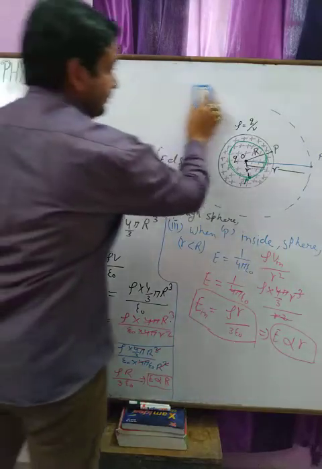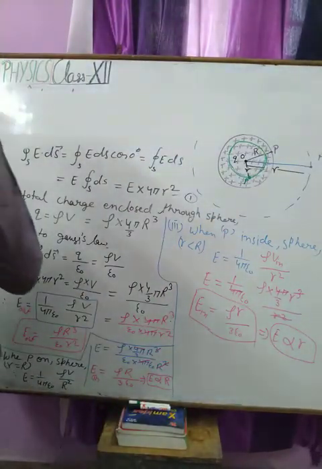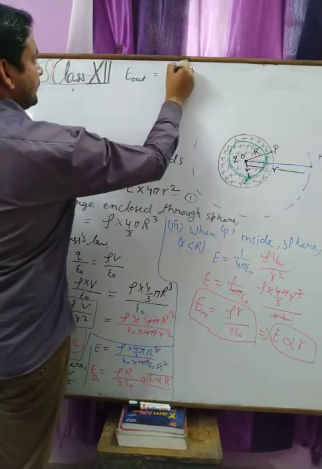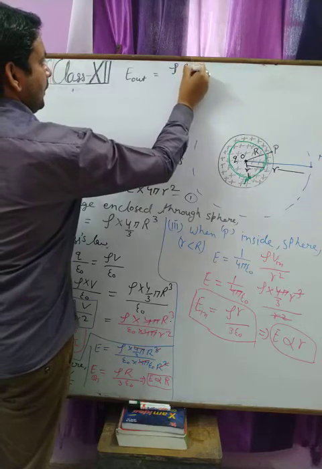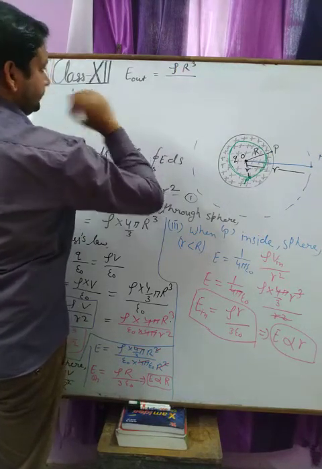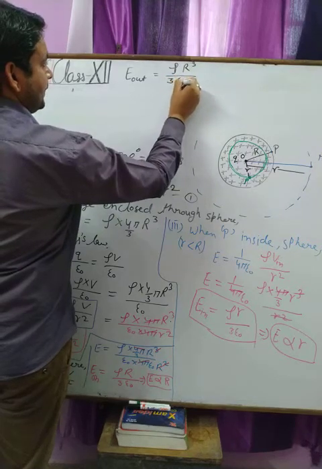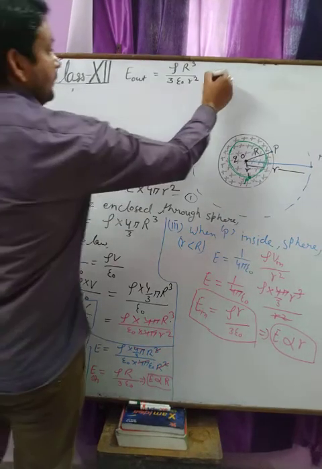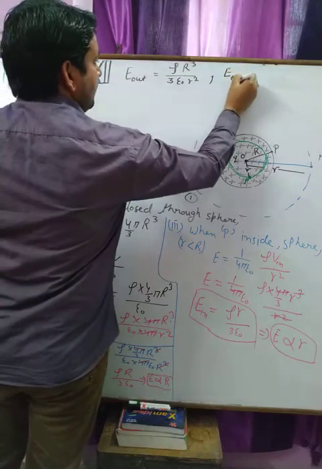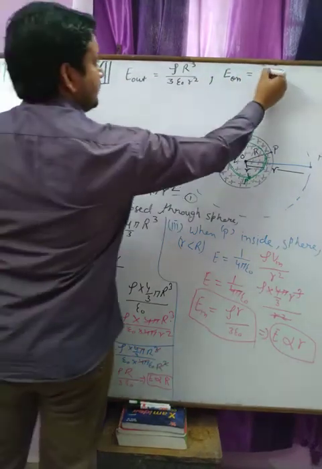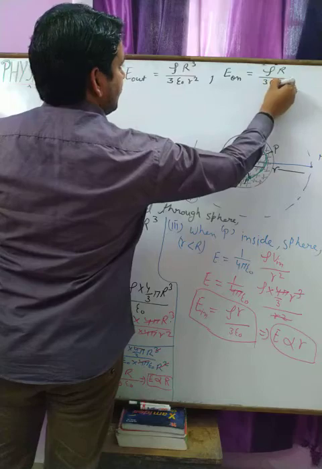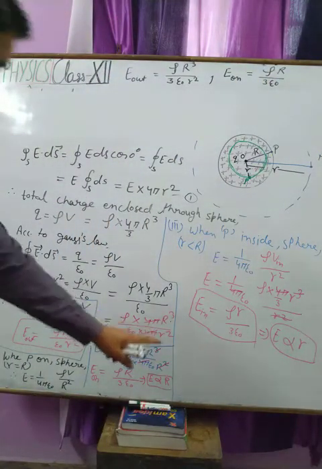Again we have three electric fields, that is E outside, which we get rho R cube upon 3 epsilon naught r square. This you have, students. Then E on the surface is rho R upon 3 epsilon naught. Okay, student, this you will get here.